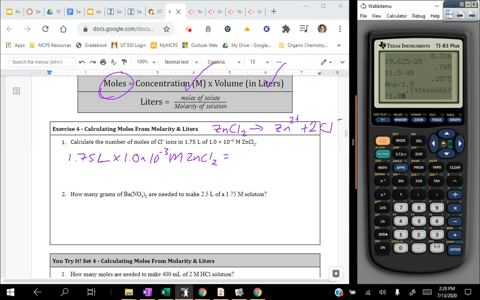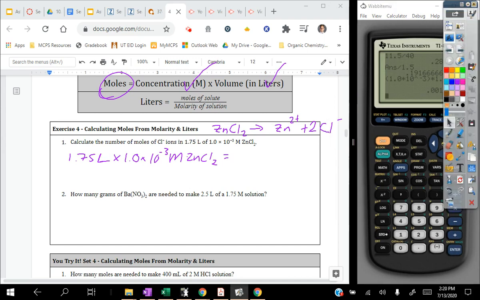So 1.0 times 10 to the negative 3, close parentheses, times 1.75. And I get 0.00175 as my number of moles. Now that's my moles for my zinc chloride solution.